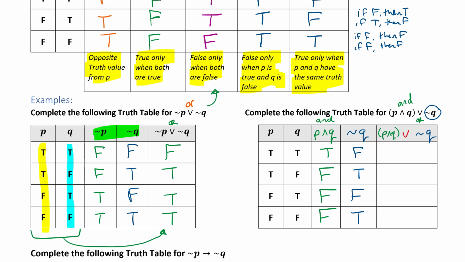So I'm looking here, true, false. Well, one of them's true, so that means the whole thing's true. False, true. Well, one of them is true, so the whole thing's true. False, false. Okay, for disjunction, when they're both false, the answer is false. And false, true, because one of them is true, the whole thing is true. And that is going to complete my truth table for P and Q or not Q.